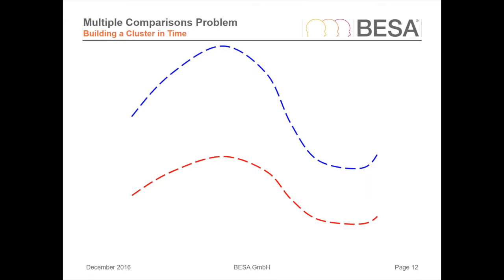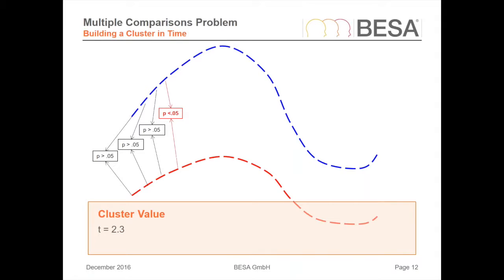So if I just look at the time domain for the moment, I am going to check on some tests. Say we have here tests that do not surpass the threshold of significance, which we've set at 0.05 for the p-value. And at some point we get to a point where the p-value is smaller than 0.05.